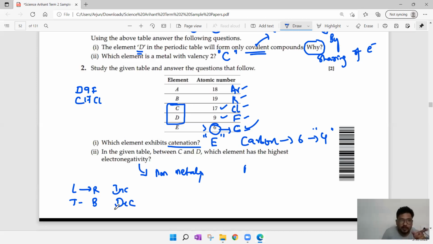From top to bottom, it will decrease. Means fluorine has greater electronegativity and chlorine has the least. So the answer you have to write is D. Again, D element is nothing but F, fluorine, but don't write the answer F. You have to write D. In this C and D, D has greater electronegativity. That is the answer you have to write.